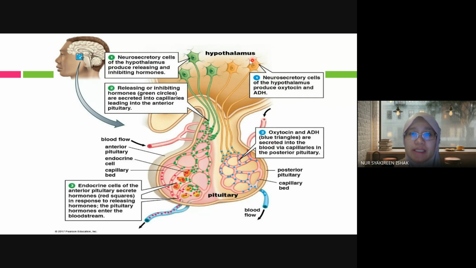But if you look here, the hypothalamus, this is the cell body of the neuron, and this is the axon extending into the posterior. So that is the difference. For the anterior, the front part, it is made up of endocrine cells that produce and secrete its own hormone. So those are the differences.